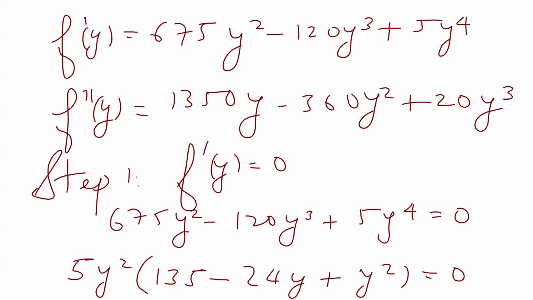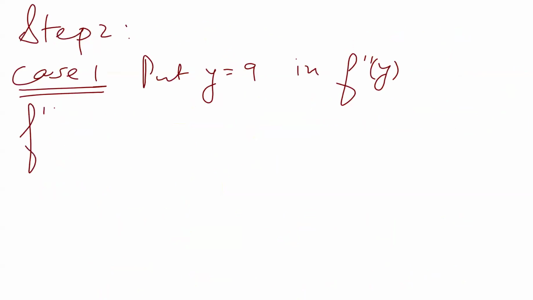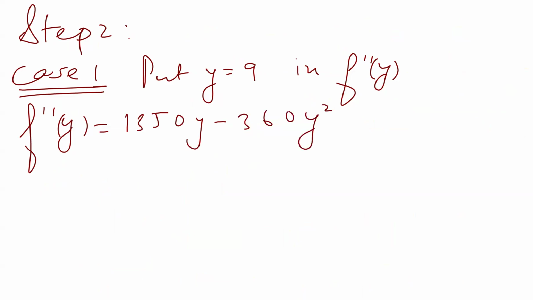So f double dash y is this: 1350 into y minus 360y square plus 20y cube. The problem is lengthy, but then you have calculators along with you, so that's not really a problem.